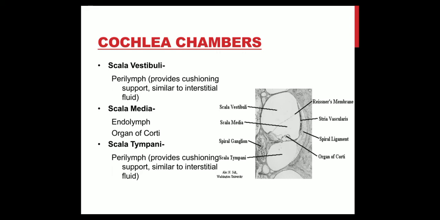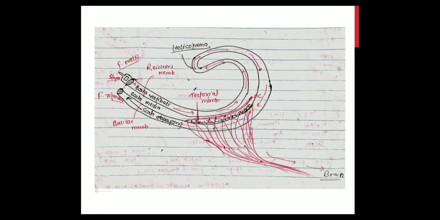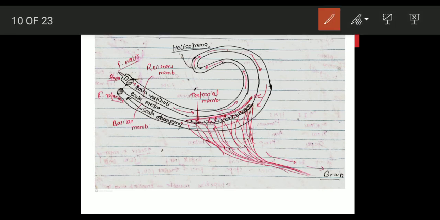So this is the clear-cut diagram. This is a very important diagram, which will explain the overall concept. Here, this is the stapes, part of the middle ear.